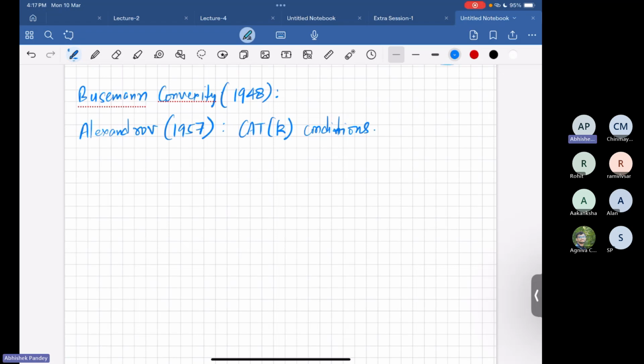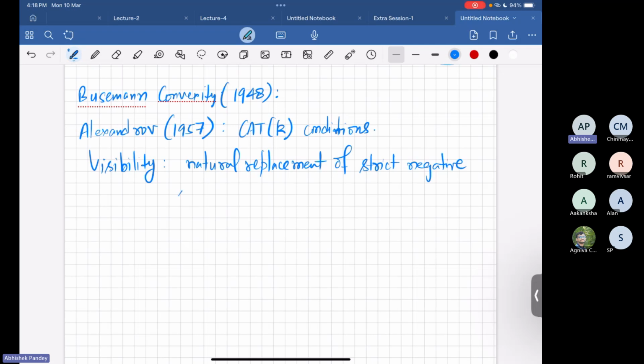And then there was a notion of visibility by Eberlein and O'Neill, which is kind of a natural replacement of strict negative sectional curvature.